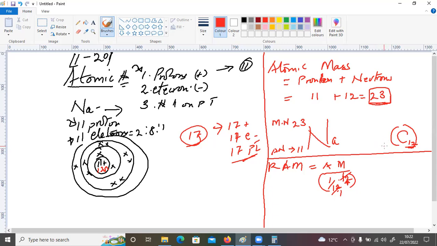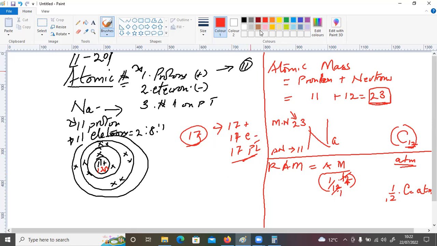Say that is the atomic mass unit we are going to be using, the smallest unit that we can use to classify. So when I say that sodium's mass number is 23, I'm saying it is 23 times heavier than 1/12 of an atom of carbon.